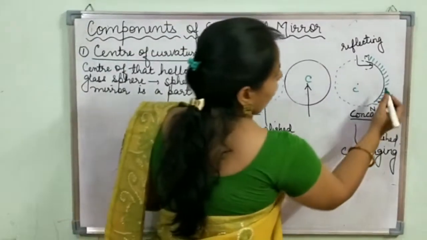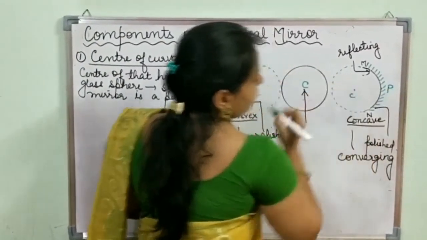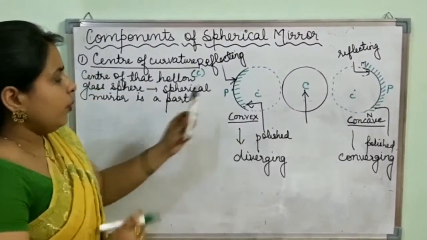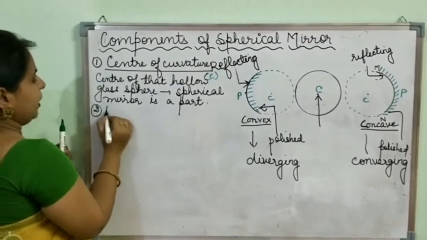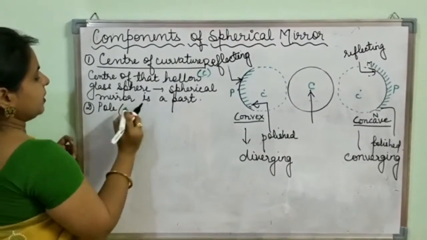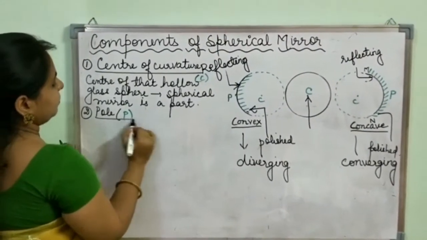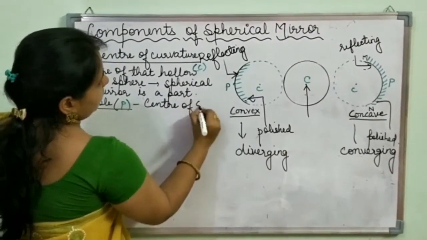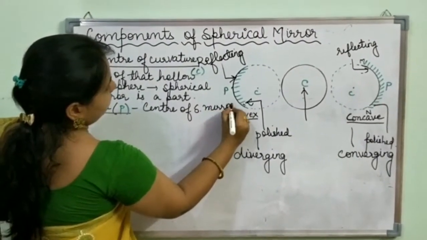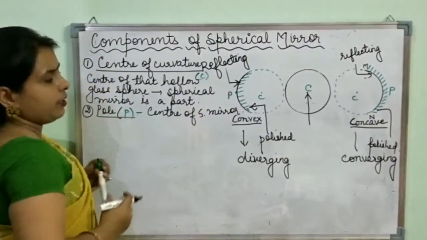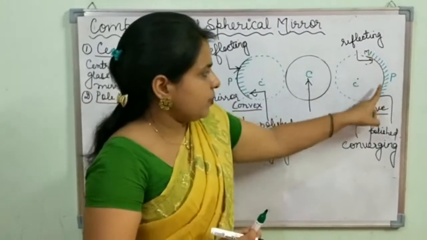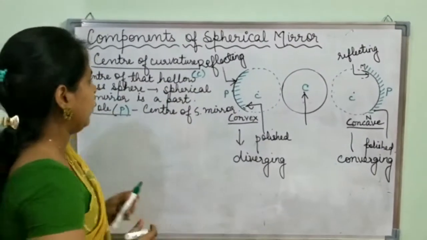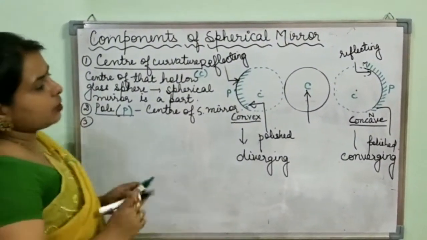The center of this mirror is represented by capital P. Similarly, the center of this mirror is represented by capital P, which is called the second component, the pole. So the pole is the center of the spherical mirror. The center of this mirror is this and the center of this mirror is this. It is represented by P. That is the pole.